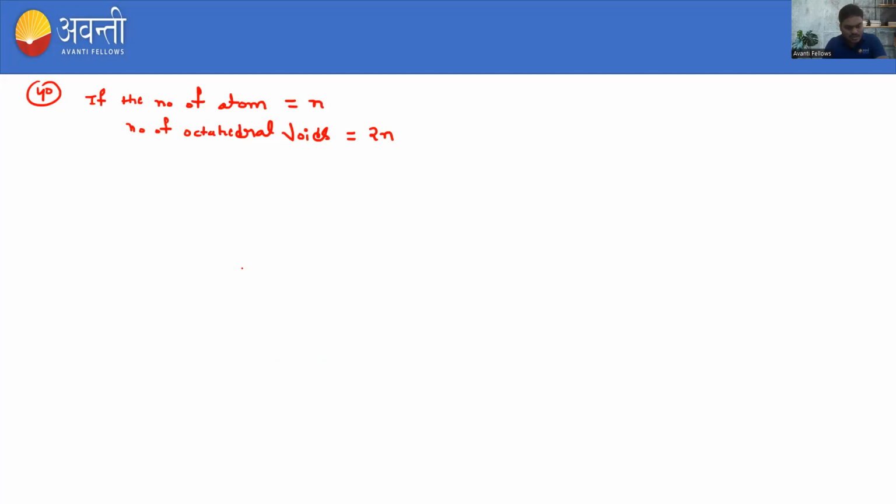So if the number of atoms is n, then the number of octahedral voids is also n. This is only n, not 2n.